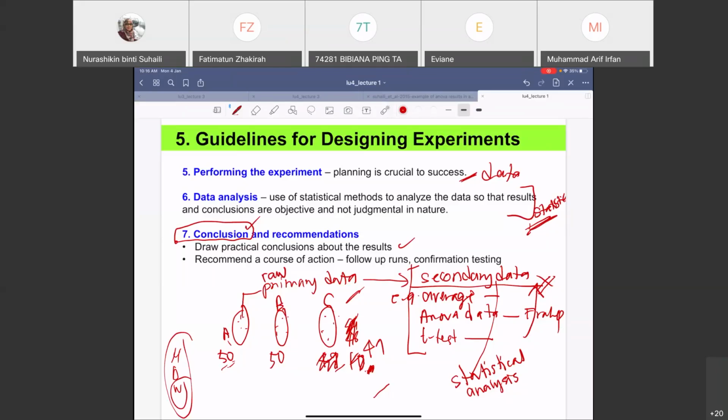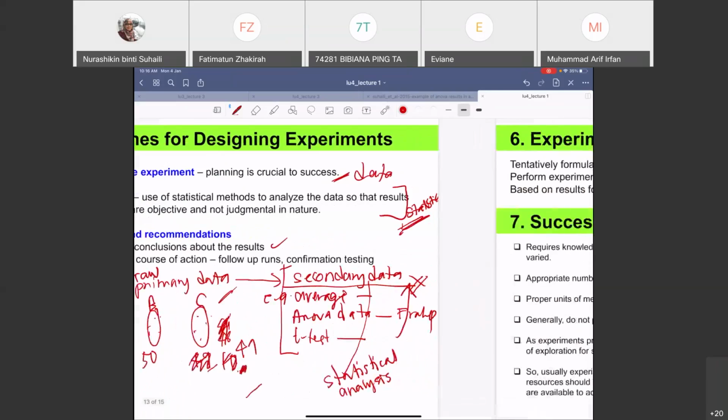Sedangkan yang sebenarnya adalah mungkin weight yang paling significant, yang paling influential. So that is why the statistical test is very, very important, because it will actually affect the conclusion, and also the perspective of others about your studies.